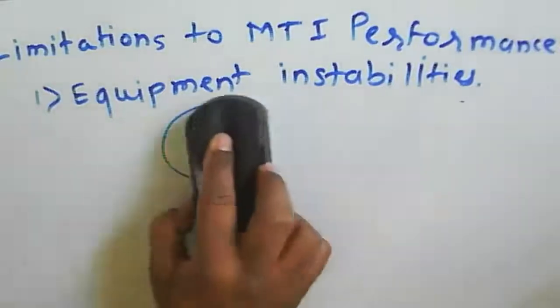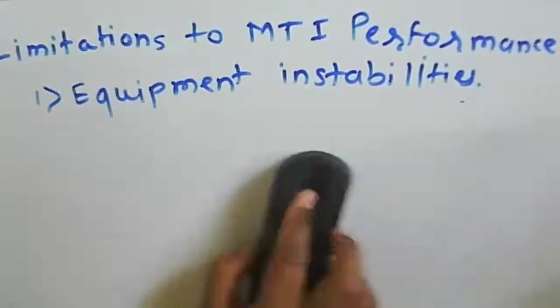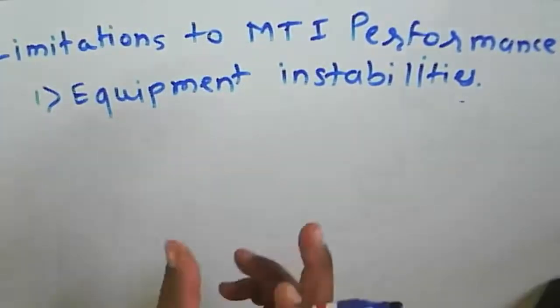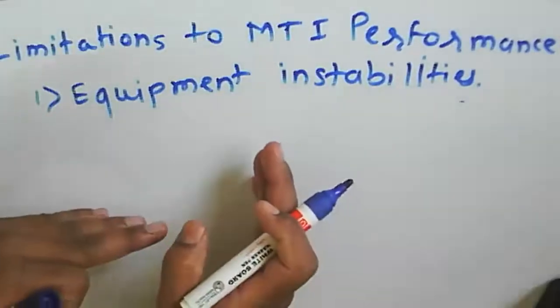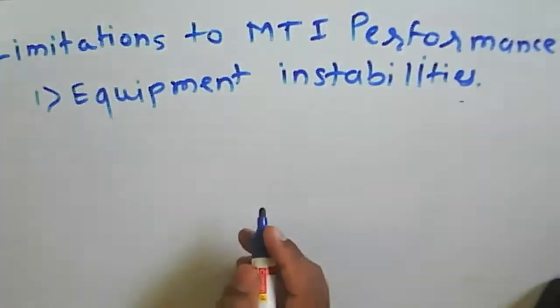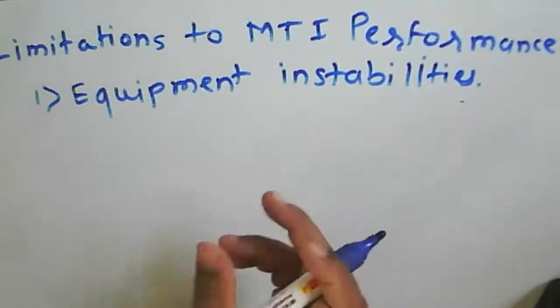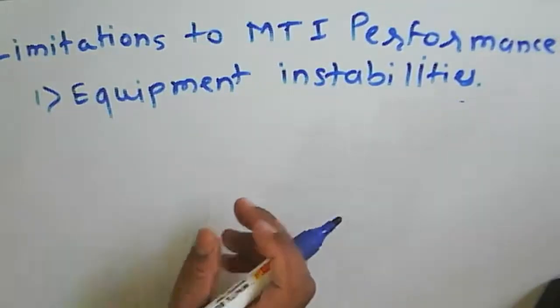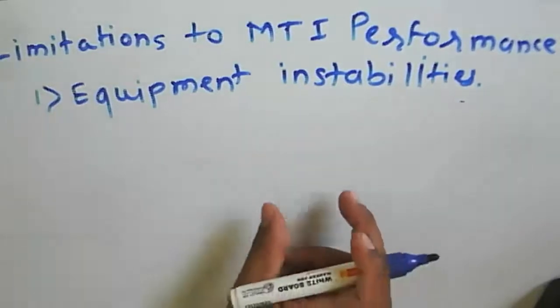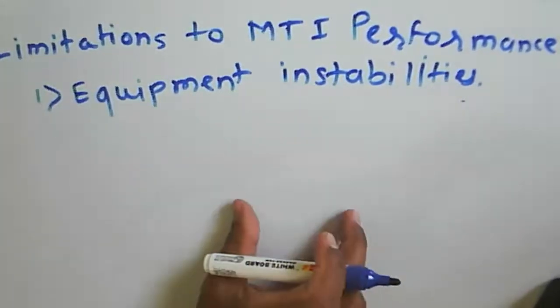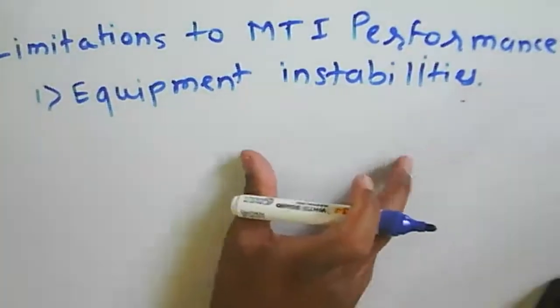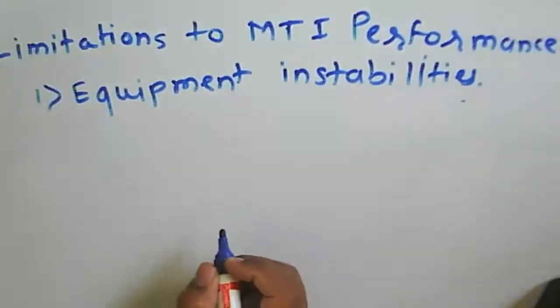So it will make instabilities in deriving the improvement factor. So what will be the limitations on the improvement factor due to the oscillator instability? That component is nothing but the equipment instability.